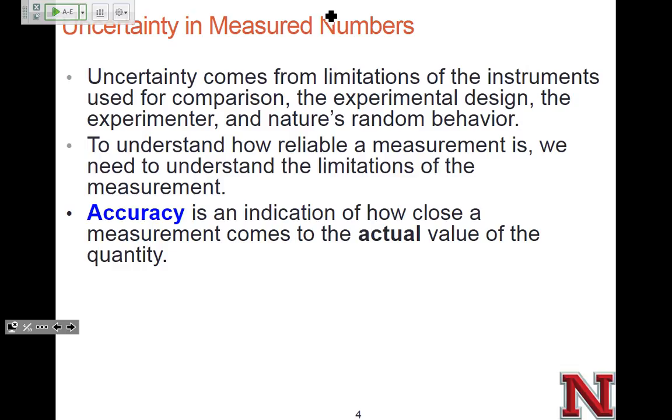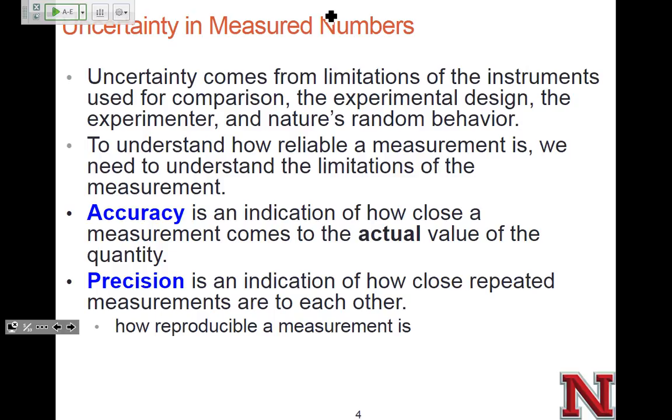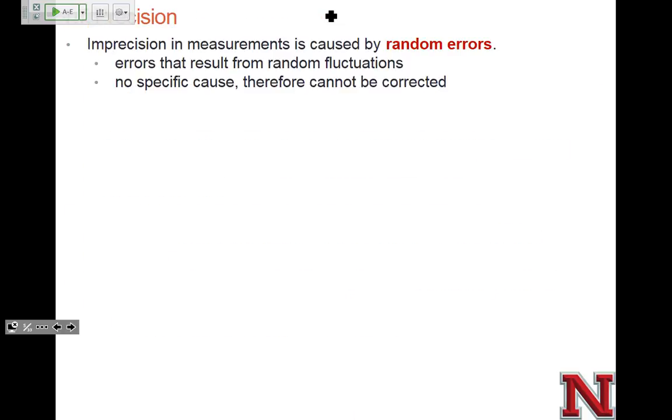So if I measure out and give you a sample of 5 grams of sugar dissolved in water, and I tell you to determine how much sugar is in that water, and you do whatever you do to determine it, and you come out with 3 grams, you're not very accurate. Precision is an indication of how close repeated measurements are to each other, how reproducible that measurement is. So we'll look at both of those.